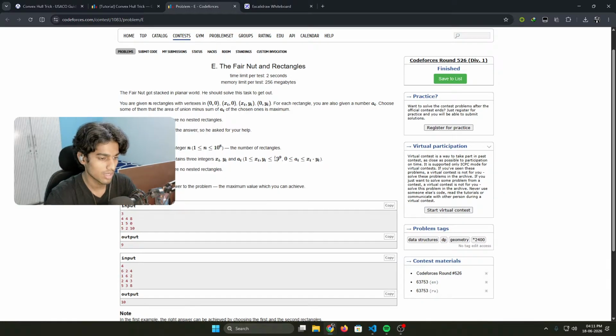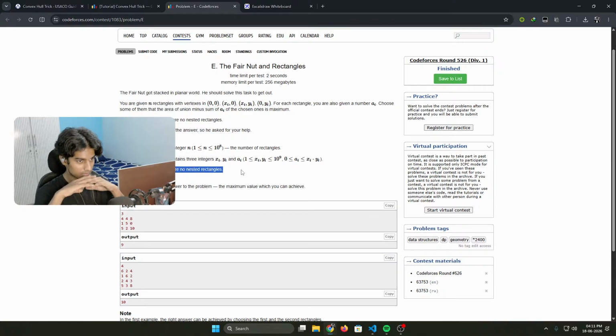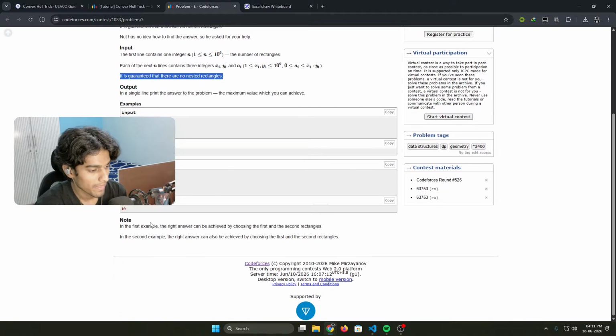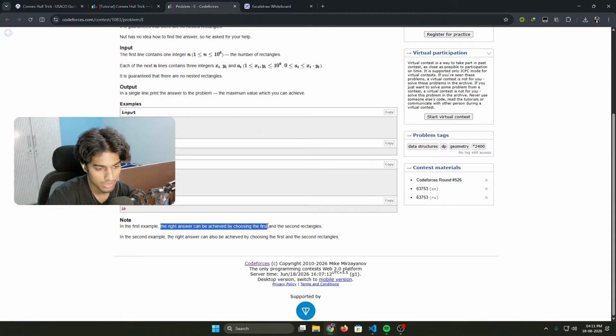Okay. It is guaranteed that there are no nested triangles. What does that mean? Area of union. In the first example, the answer can be achieved by choosing the first and second rectangles.